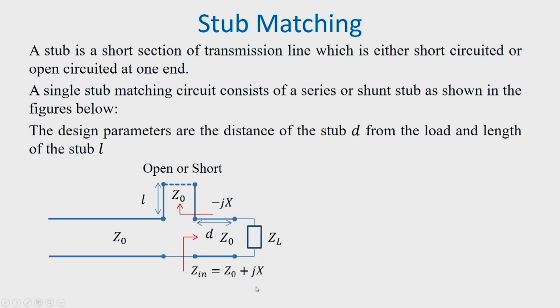Now, this extra element jX is nullified by connecting this series stub of length L, which can be open or short. So, this is one way of designing a matching network, and this type of matching network is called series stub matching.